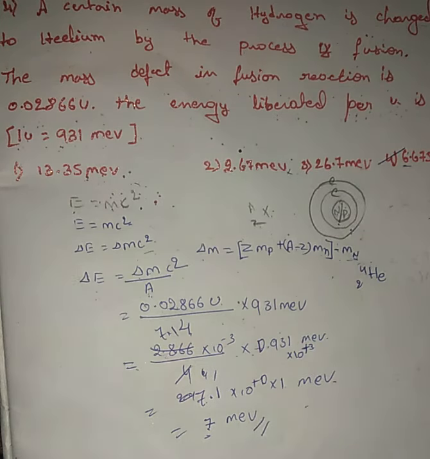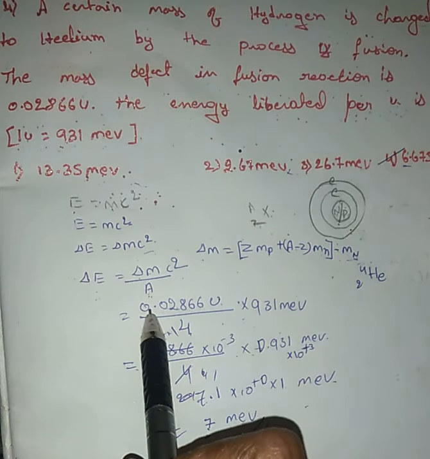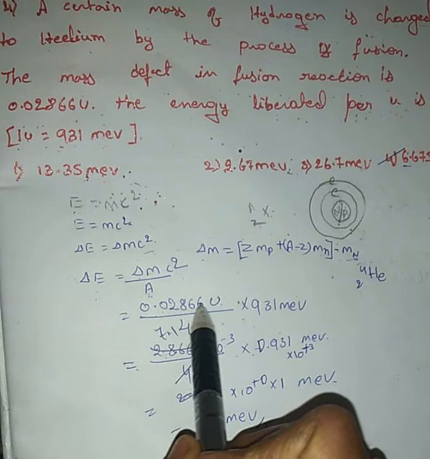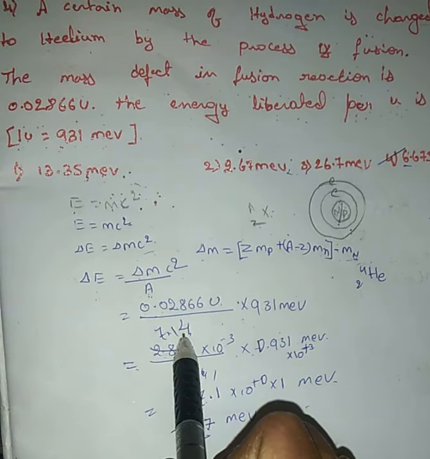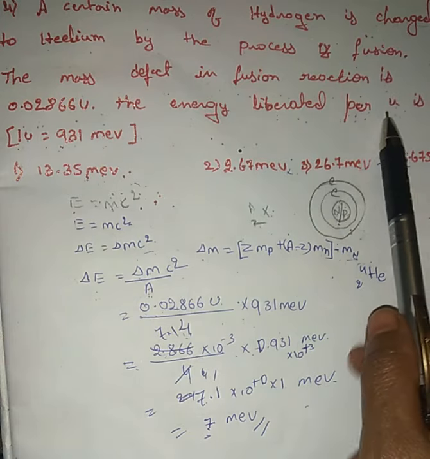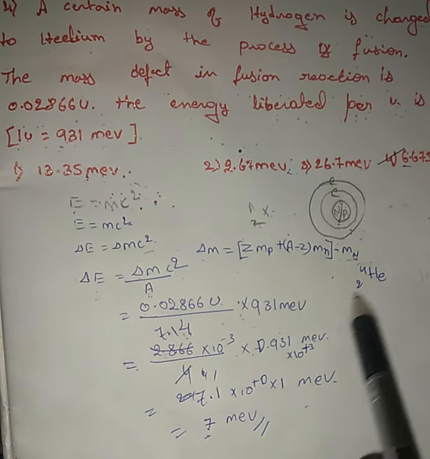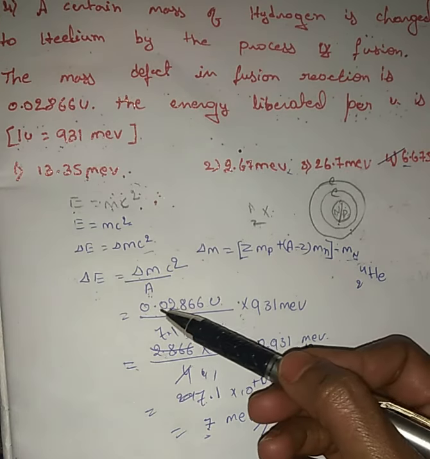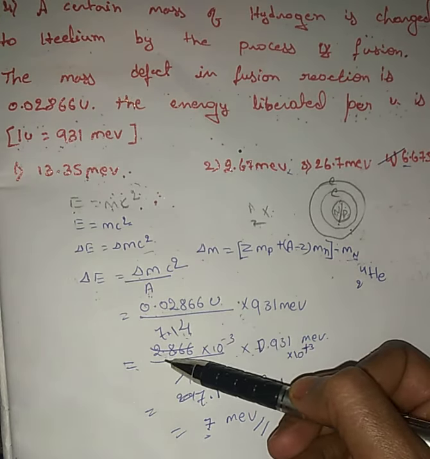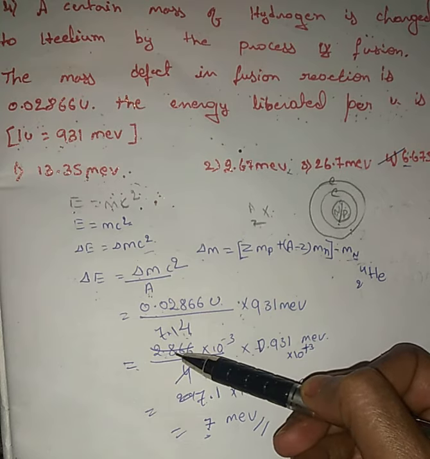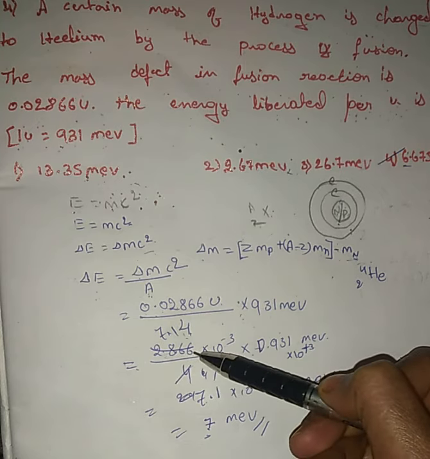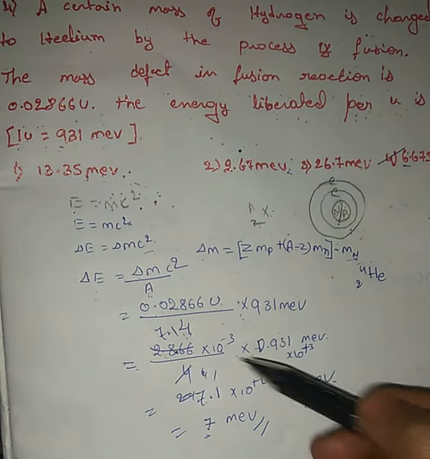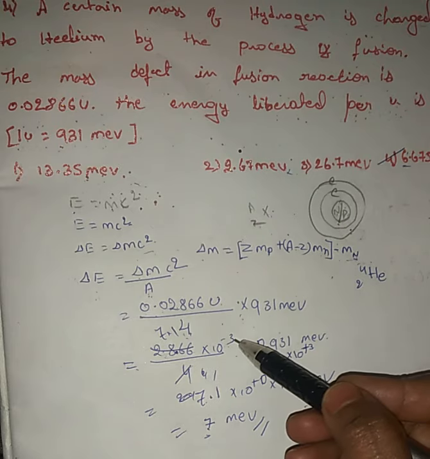Understood? Nothing has changed. I have just taken the delta m value, 0.02866 u, divided by 4 because we have to calculate per nucleon, into 931 MeV. I am just shifting the decimals: three places, giving 28.66 into 10 to the power of minus 3.